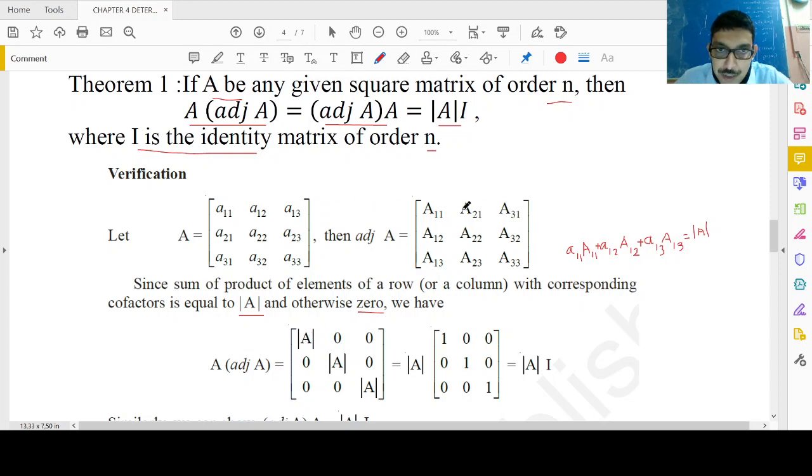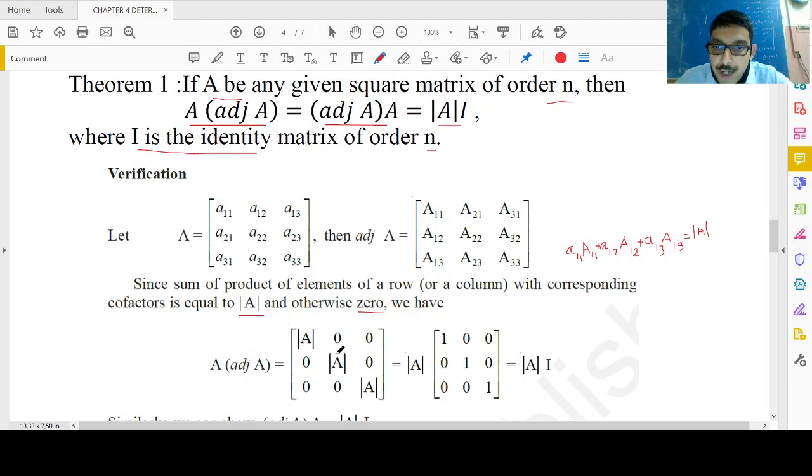Then first row, second column, that is first row into cofactors of second row, so that will become 0. So here only the diagonal elements in the product will be determinant of A, all others will be 0.